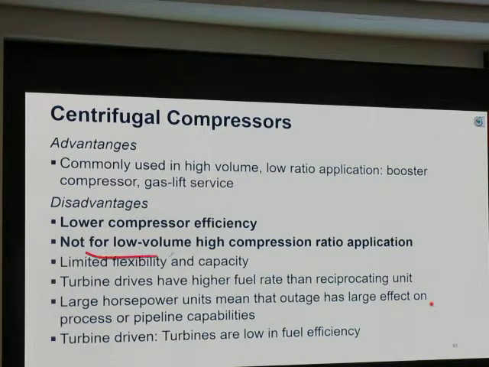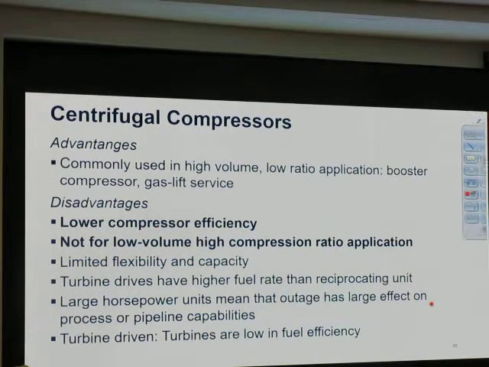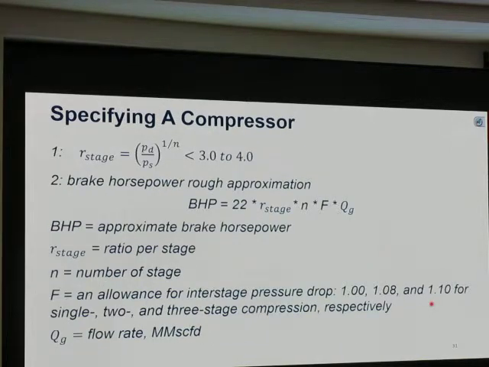Not for low volume, high compression ratio application. So in the exam, if I ask you, should we use PD compressor or centrifugal compressor in general to produce low volume, high compression ratio? You should be able to tell me, right? Low volume, high compression ratio, we don't use centrifugal compressor in general. Read the list, the leftover, okay.